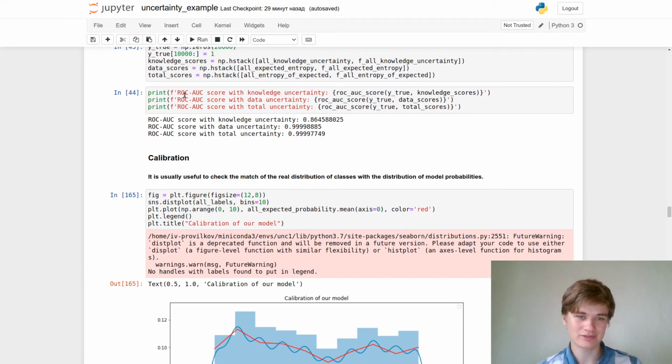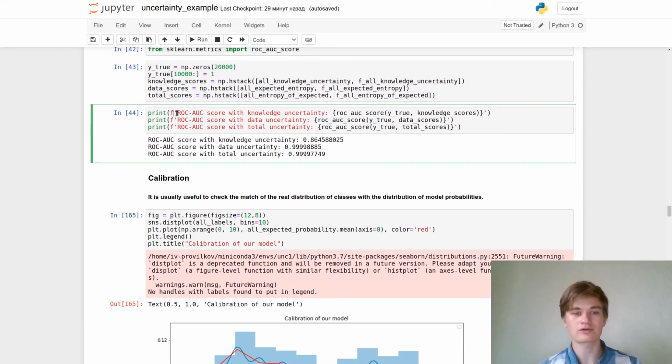Because here we can calculate ROC-AUC scores for all three measures of uncertainty, and we see that knowledge uncertainty works worse than data uncertainty or total uncertainty.